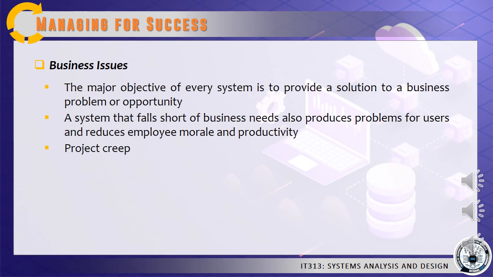Systems also fail because of changes in the organization's culture, funding, or objectives. A system that falls short of business needs also produces problems for users and reduces employee morale and productivity.